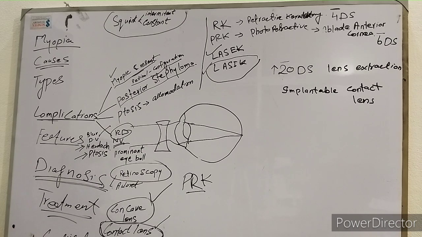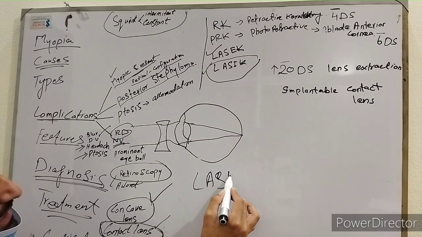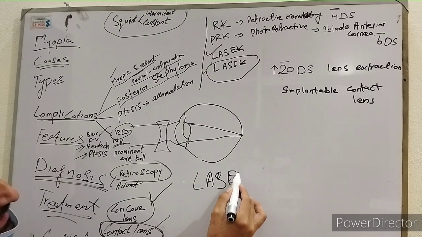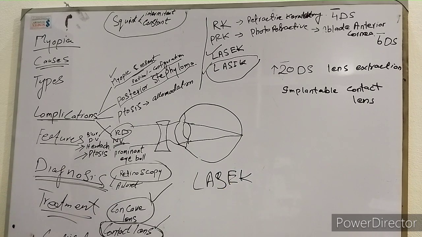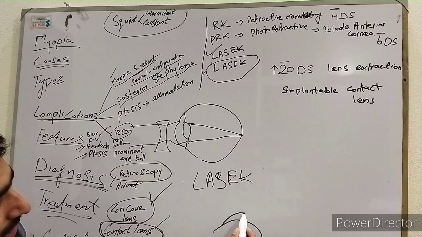First of all, I will try to explain LASEK. In this case, if this is our cornea, here we try to pick up the epithelium a little bit, but we will not separate the epithelium from the cornea.